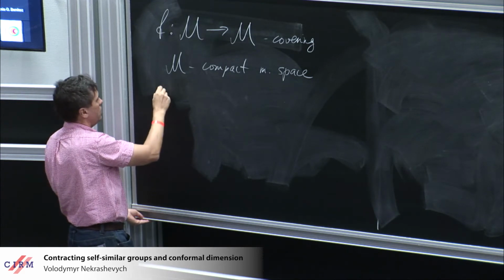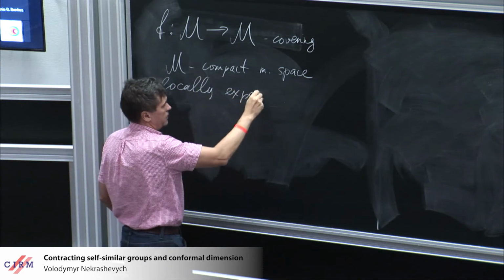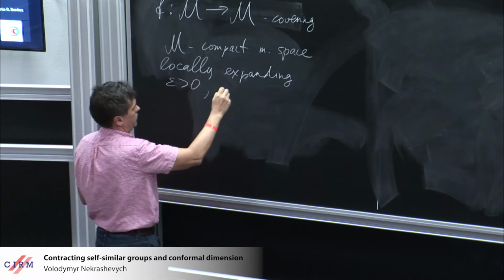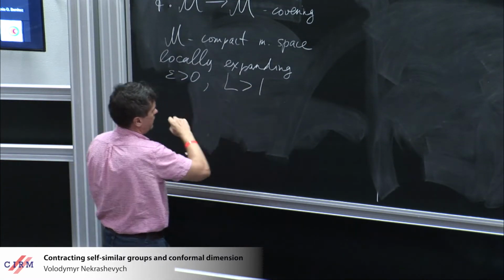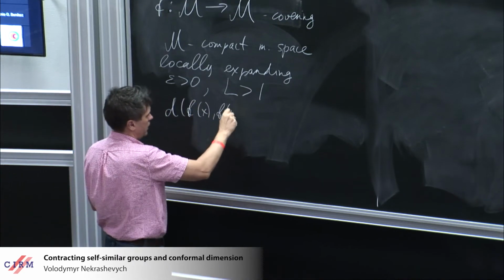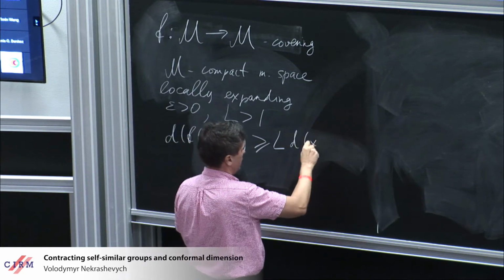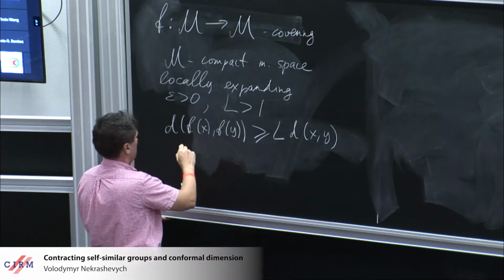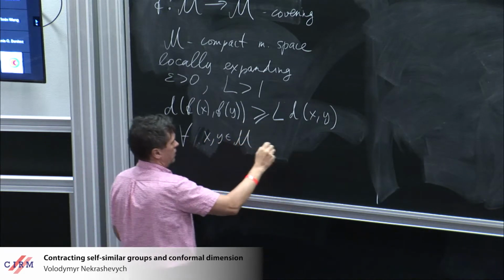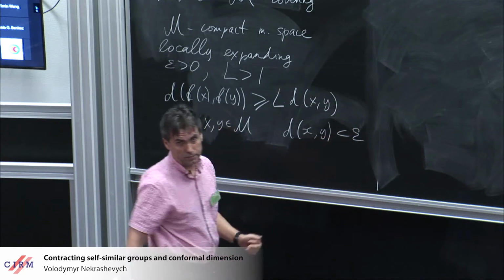And such that it's locally expanding in the sense that there exist constants epsilon greater than 0 and L greater than 1, such that the distance from f of x to f of y is greater than L times the distance from x to y for all x, y in M such that the distance between them is less than epsilon.